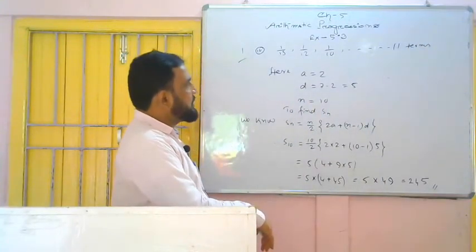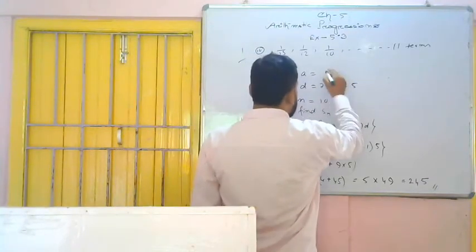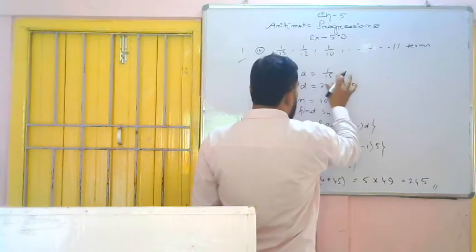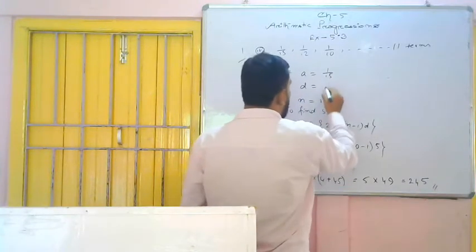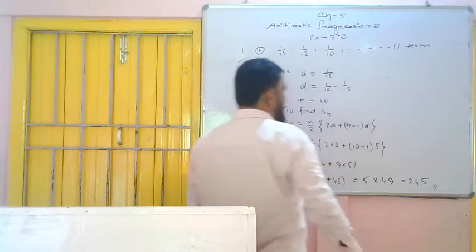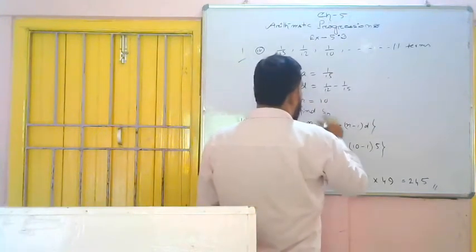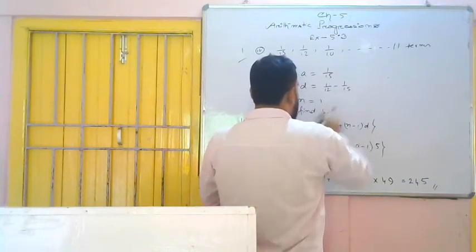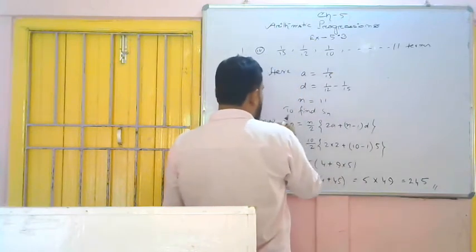Here the first term is 1 by 15, so a is 1 by 15. What is d? d is second term minus first term, that is 1 by 12 minus 1 by 15. Next, what is n? n is 11.